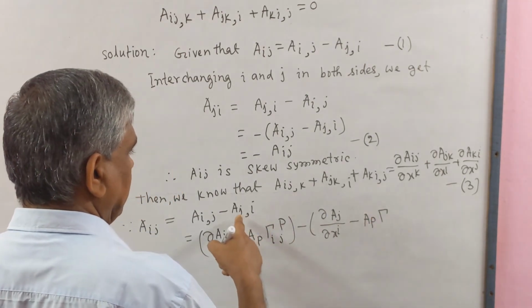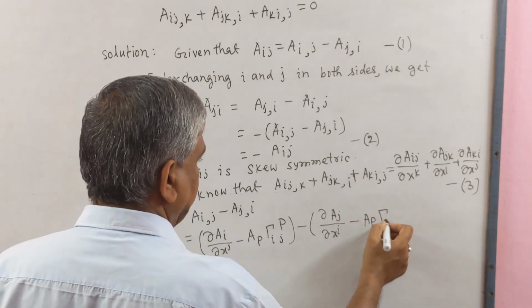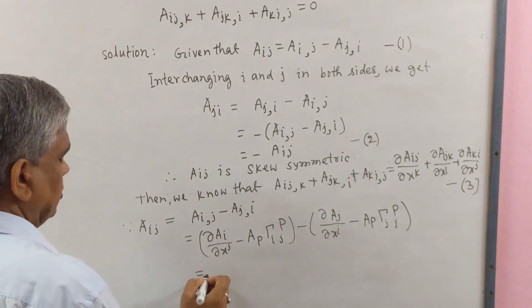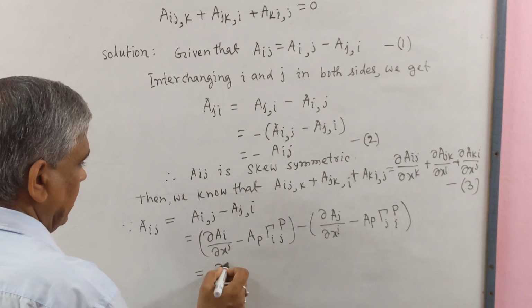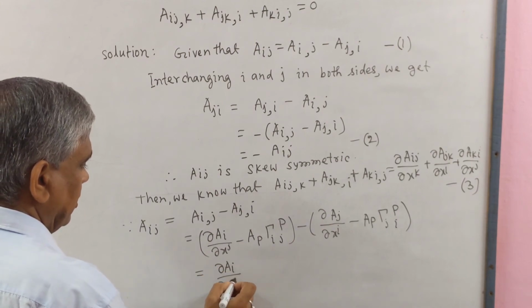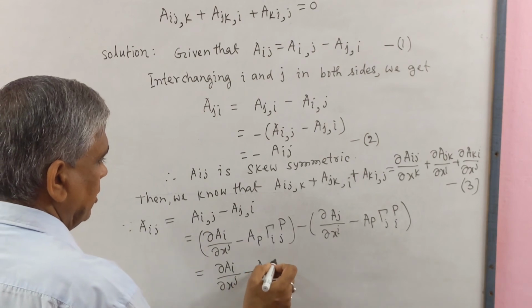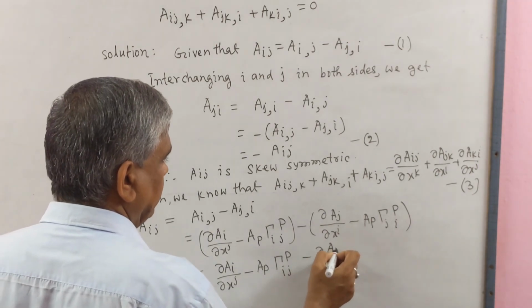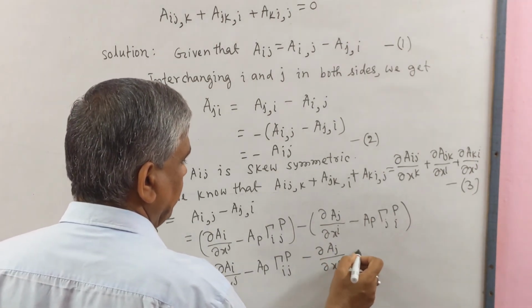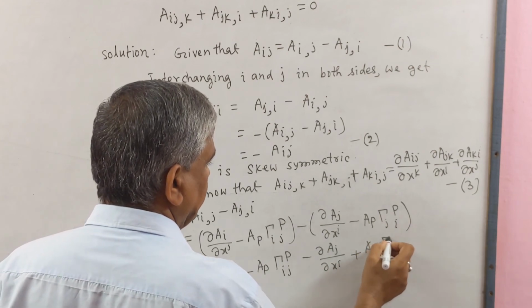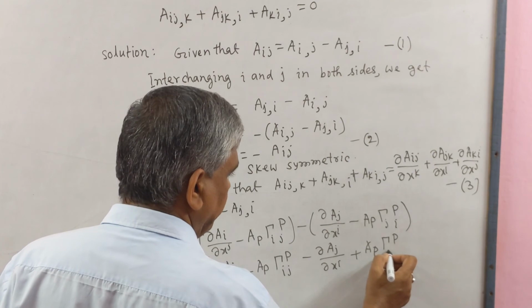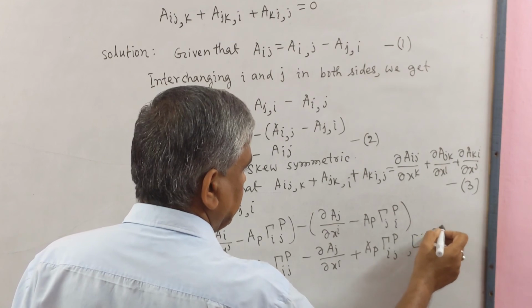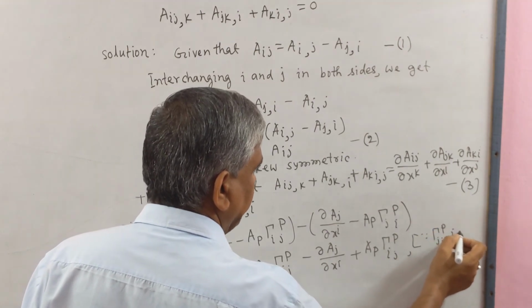Here we replaced j by p, so we write here j, i, here p. This equal to del a_i by del x^j minus a_p Christoffel symbol second kind minus del a_j by del x^i plus a_p Christoffel symbol second kind p, we may write here ij, since Christoffel symbol second kind is symmetric.